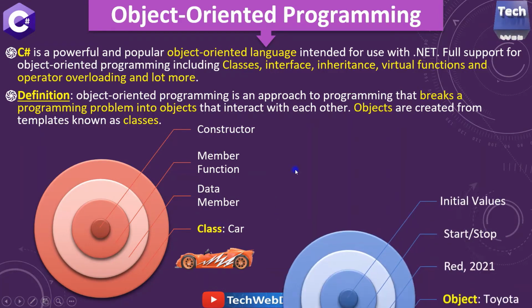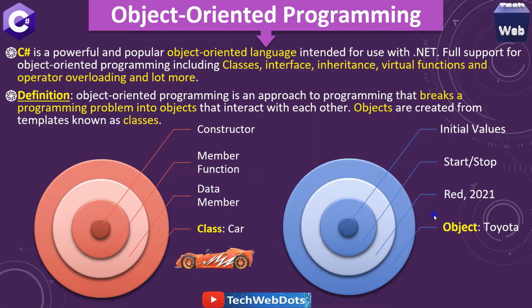If we create an object of this class, we have to provide the object name, which is Toyota, and in case of data member values, we specify the color is red, and let's say the year of manufacture is 2021. Then the inner layer, which is member functions, start and stop, are basic functions of any car.